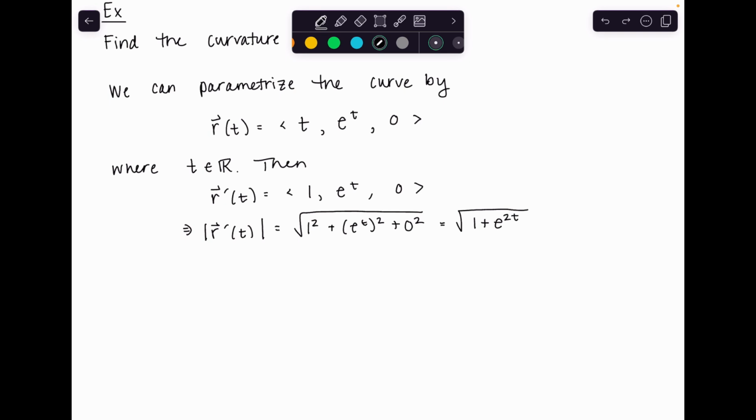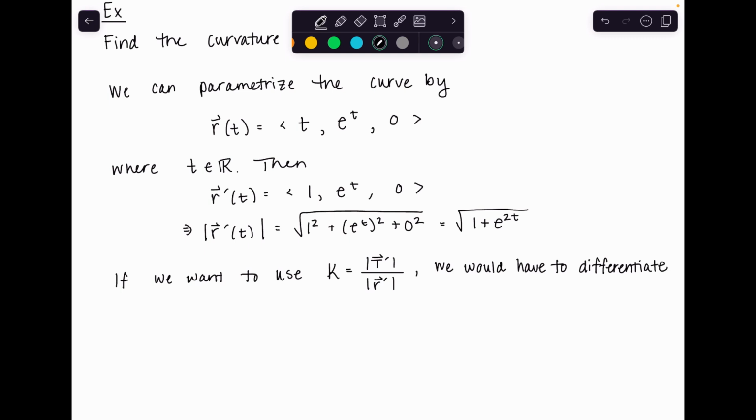But just to write that down so you have it, if we want to use the curvature formula where it's the magnitude of t prime over the magnitude of r prime, we would have to differentiate this vector function. T is r prime of t over the magnitude of r prime.